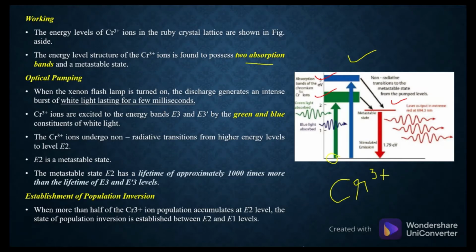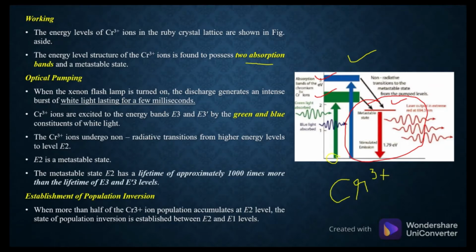Once this happens, a state of population inversion is established between this metastable state and the ground level. So where does the population inversion occur? Here, between these two levels, and not with respect to the E3, E3 dash level. Now first one photon is generated because of the transition from the metastable state to the ground level.